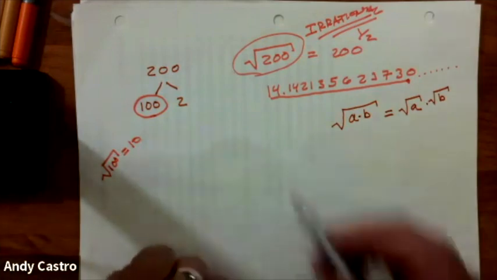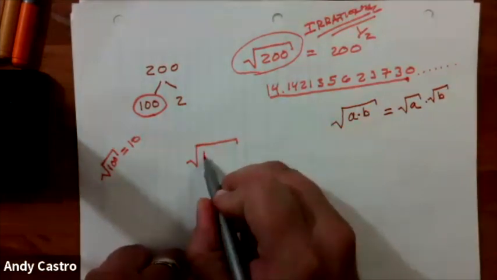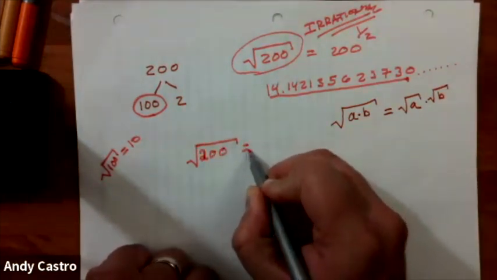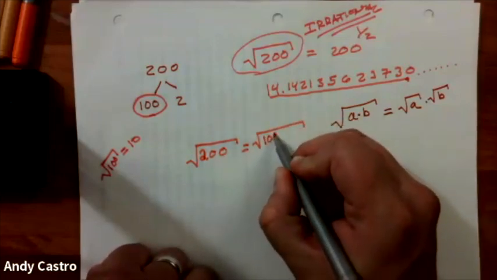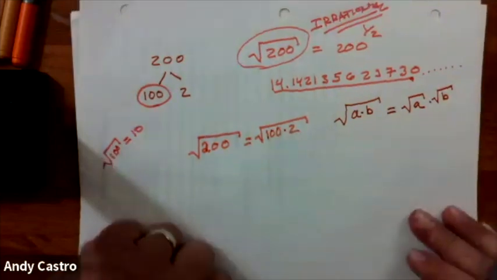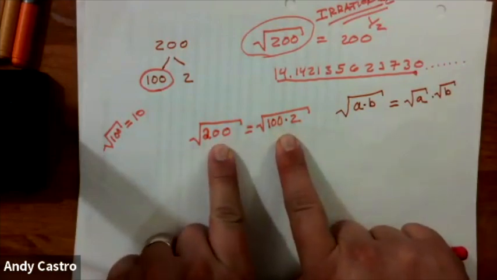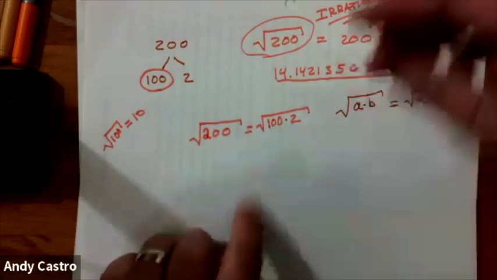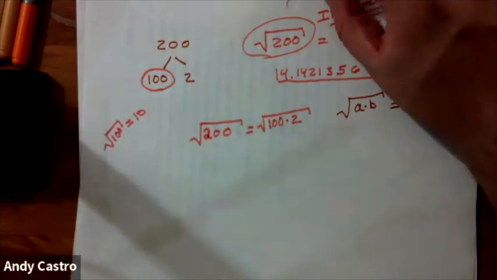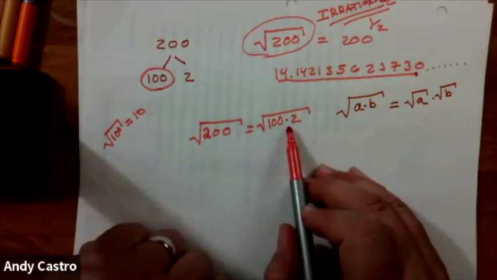So I'm going to take this square root of 200 and express that as the square root of 100 times 2. Notice that I haven't changed anything. Both of these are the square root of 200. I've simply taken the 200 and expressed it as 100 times 2.